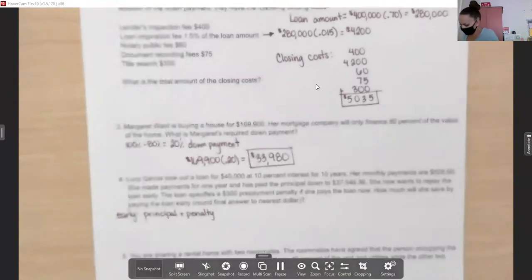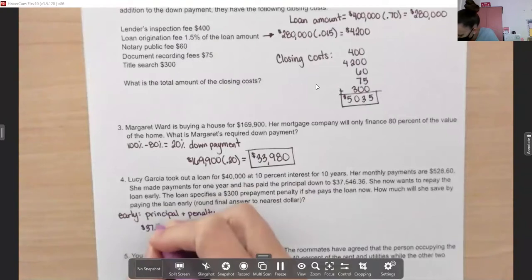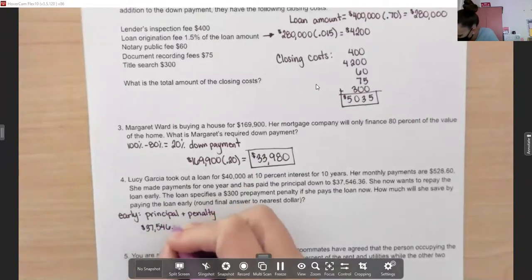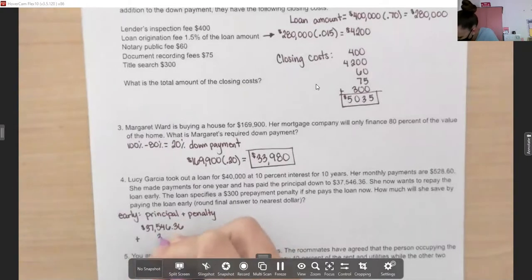So if she pays it off early, the principal is $37,546.36 plus a $300 penalty. So paying it off early is $37,846.36.